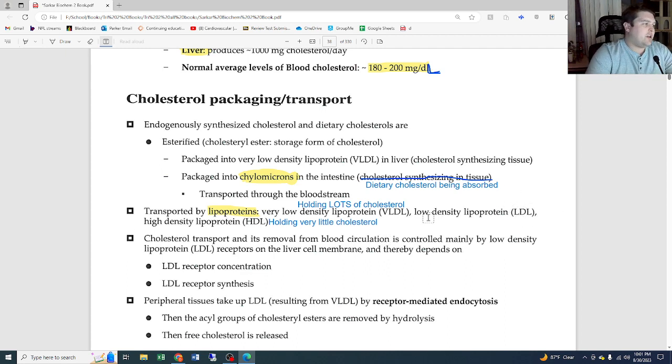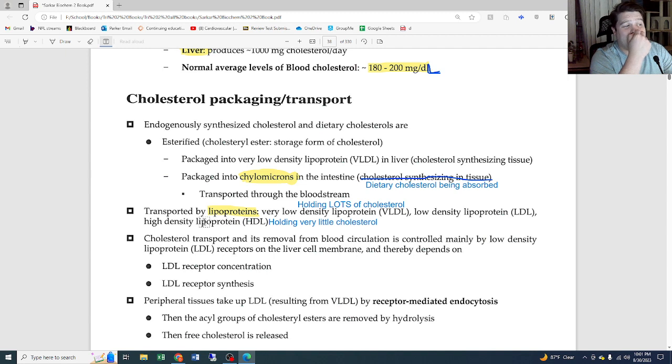So if you have high HDL, that's good. That's what we want. Having a lot of high density lipoproteins means that these VLDLs that are leaving the liver are dropping off the cholesterol to the cells that need them, so that there's not an excess amount of cholesterol.